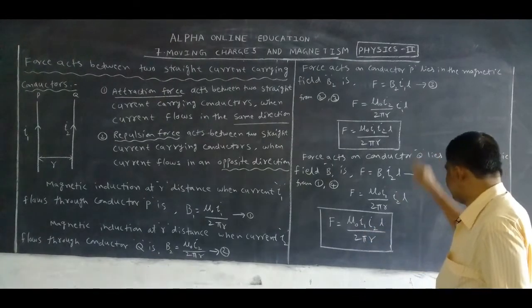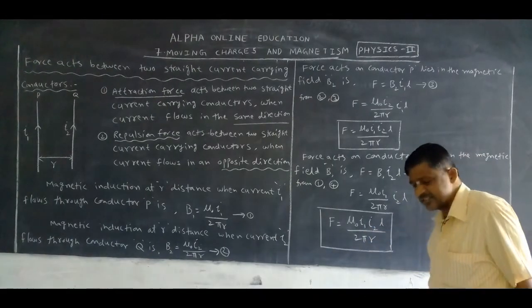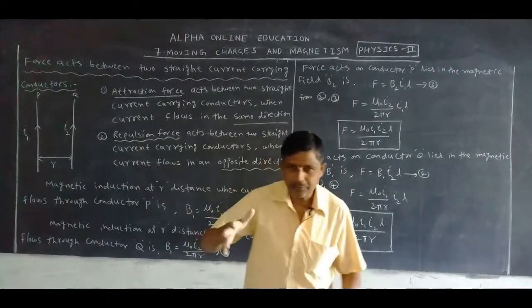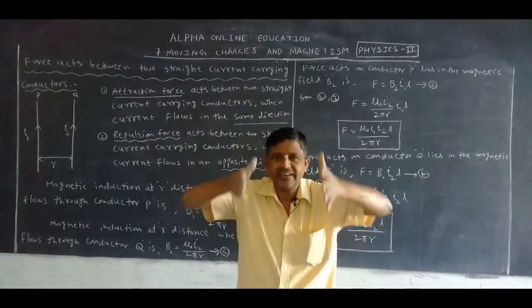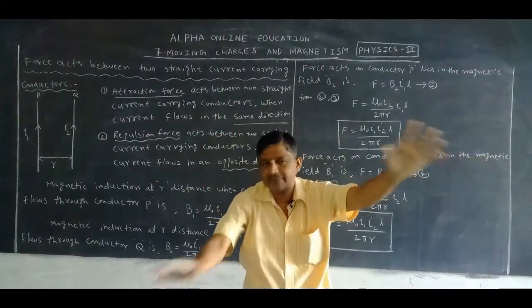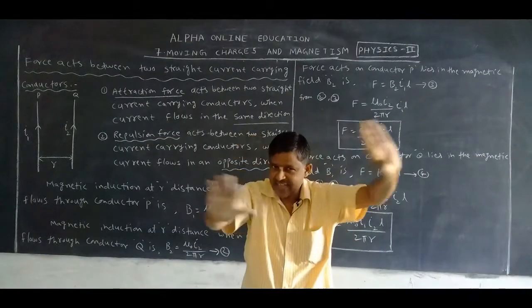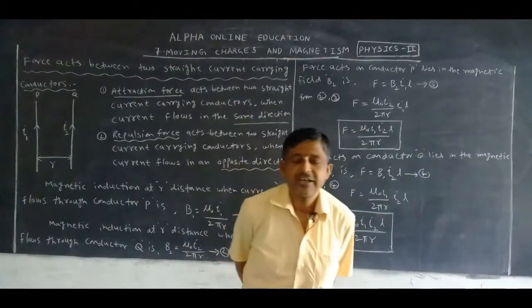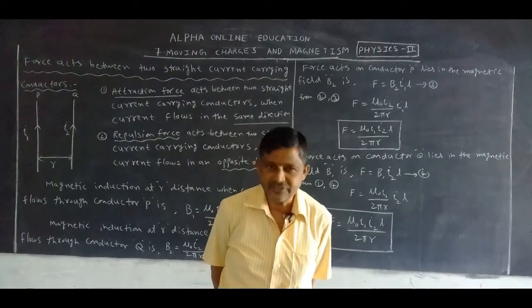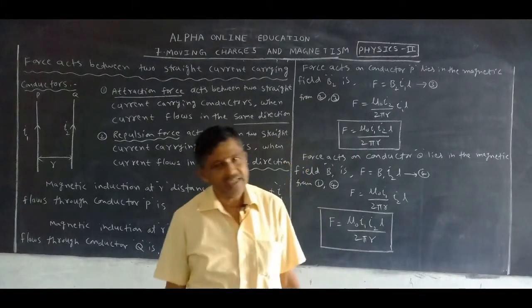Now what do these two equations indicate? When current passes through the straight conductors in the same direction or in opposite directions, the force is the same. How much is the force? F is equal to mu 0 I1 I2 L by 2 pi r.